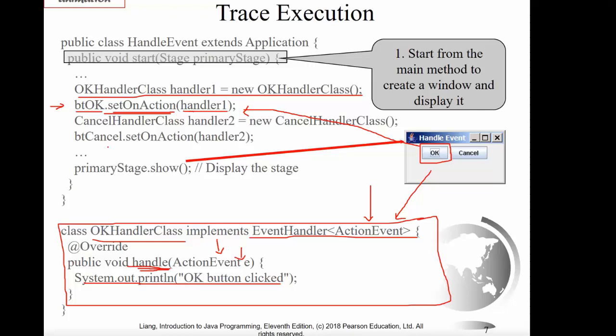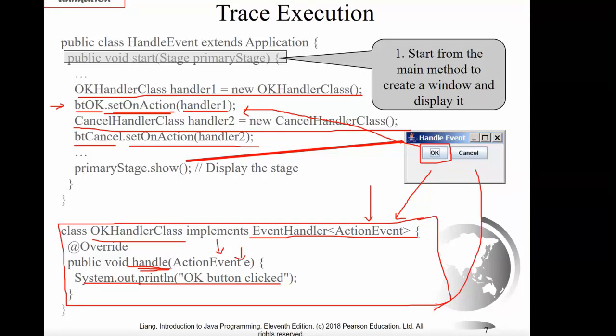In the code here, there is another handler for the cancel button, the cancel handler class, new cancel handler, but we don't see it here in the slides. btn cancel set on action handler 2.